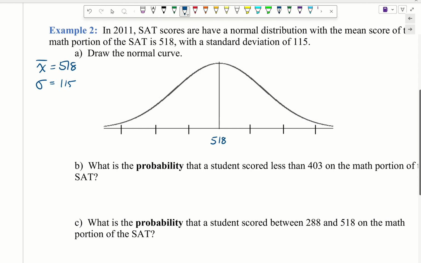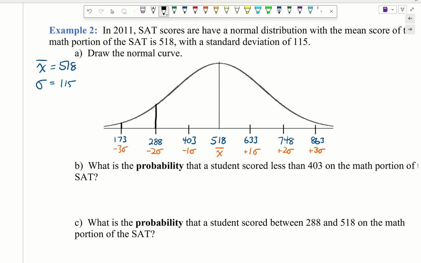As we go to the right, we add 1 standard deviation, so we get 633, add a second standard deviation is 748, and a third would be 863. If we go to the left, we subtract a standard deviation to get 403, then 288, and then 173. Again, to reinforce the idea, the middle value is the mean. This is plus 1 standard deviation, plus 2, and plus 3. Minus 1 standard deviation, minus 2, and minus 3.